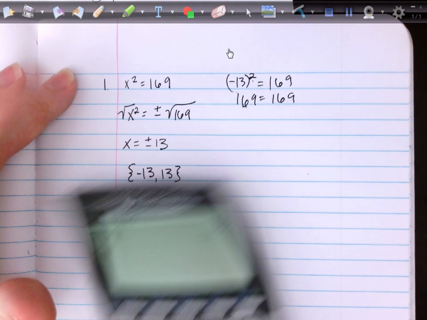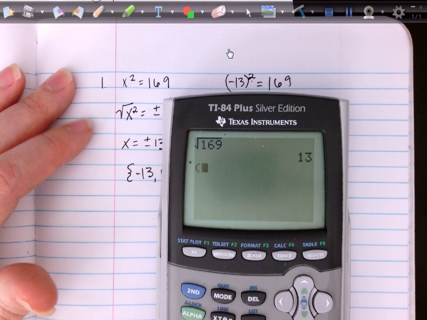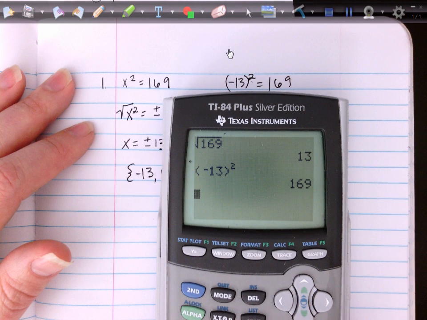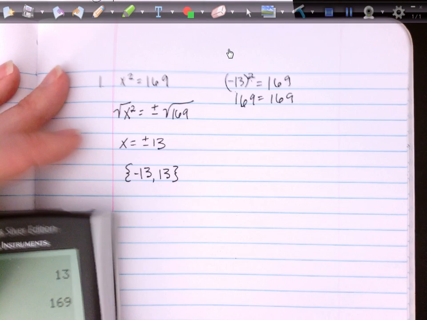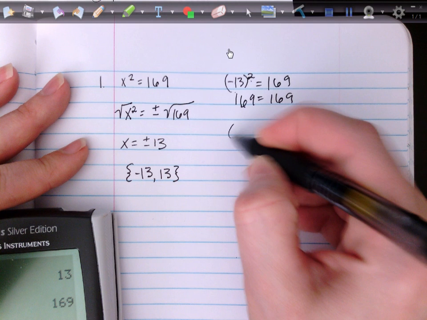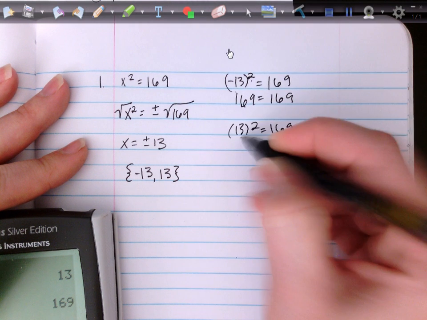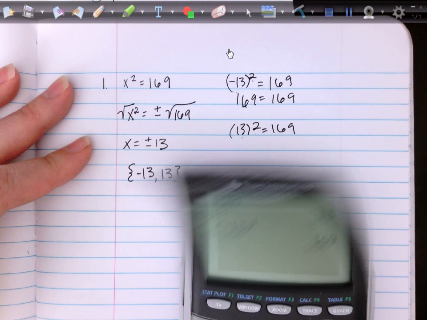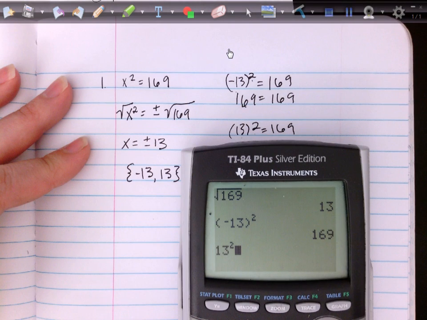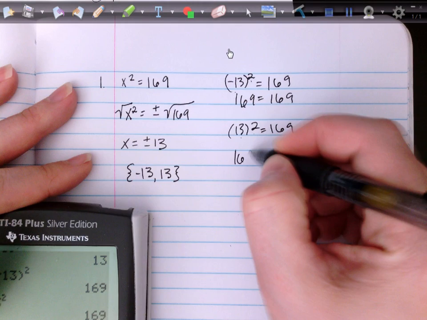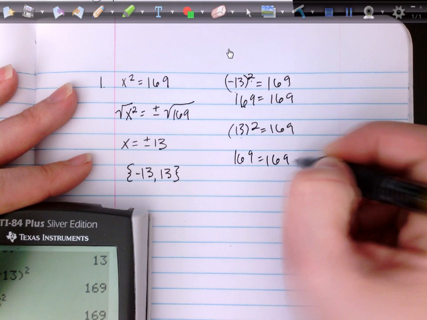If you're not sure about that, just type it in your calculator in parentheses, negative 13 squared, 169. And then positive 13 squared equals 169. Positive 13 squared again in my calculator, 169. So both of those check.